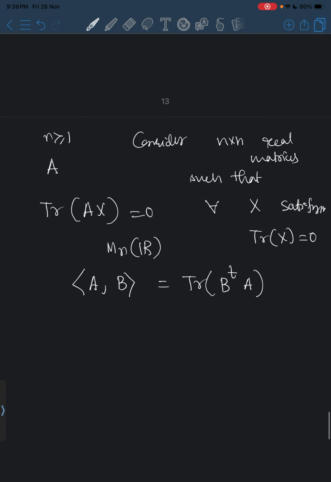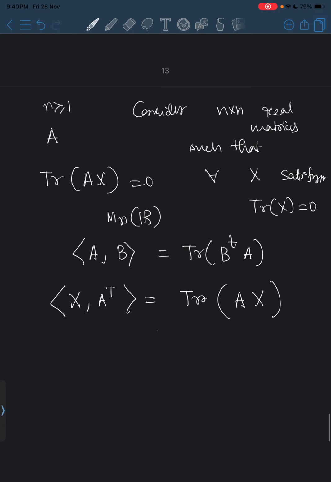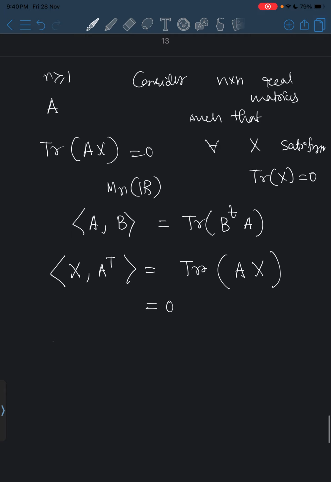So here we can define it this way: the inner product of X comma A transpose is trace of AX, right? So this is 0 whenever trace of X is 0.